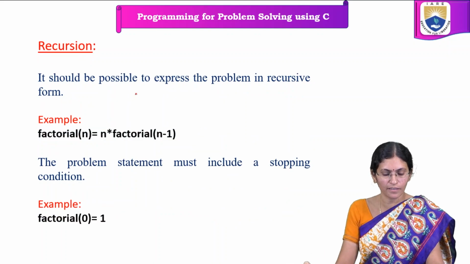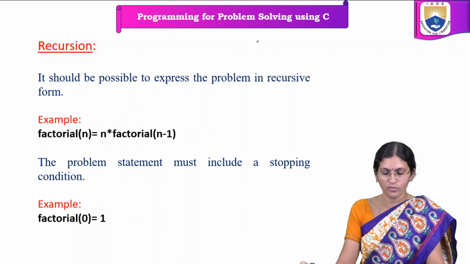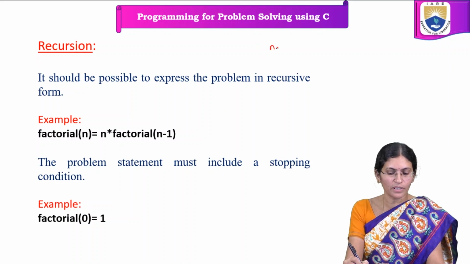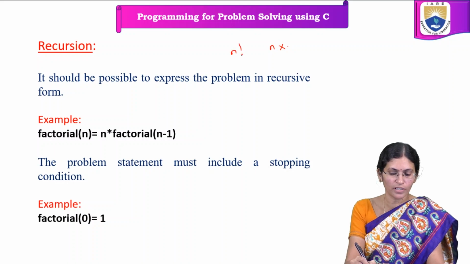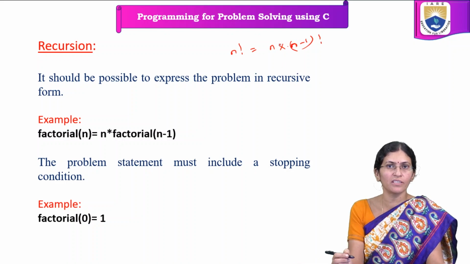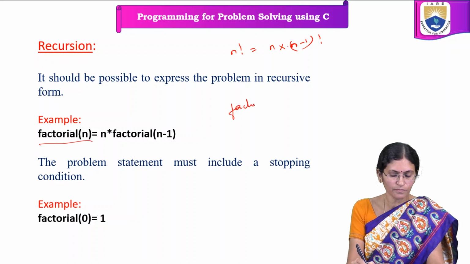Let us consider the problem of the factorial of a given number. The factorial of a given number n can be written as n into factorial of n minus 1. Suppose we write a function factorial of n, where the n value is given here.